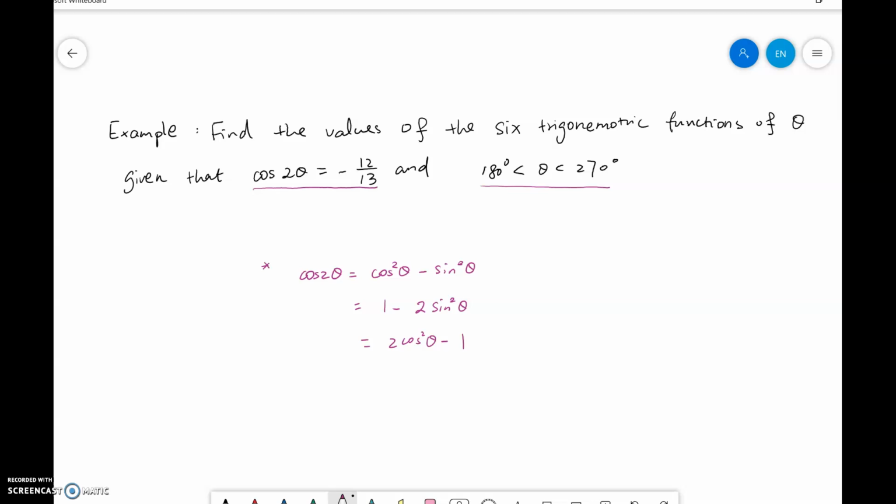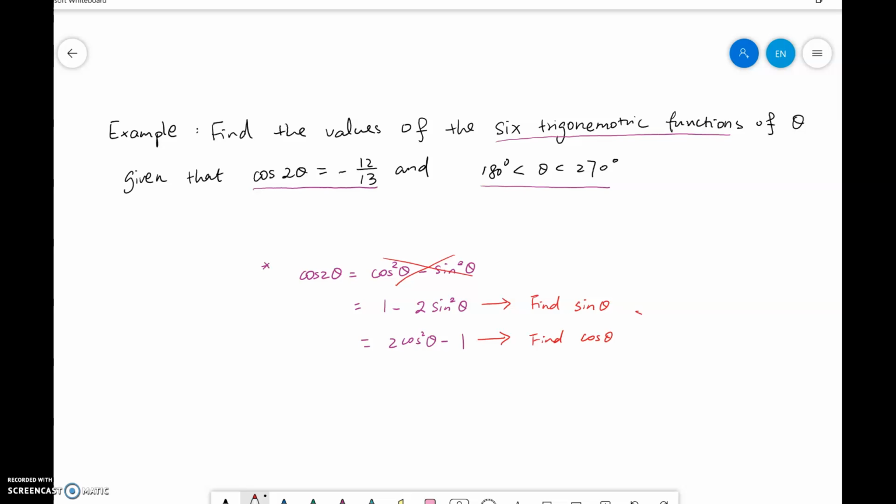Since we're looking for the 6 trig values, it is a little bit harder to find both sine and cosine at the same time, so we're not going to use the first option. The second two, actually we're going to use both. One to find sine theta, the other to find cosine theta.